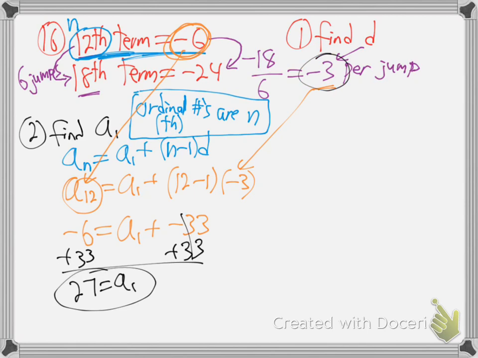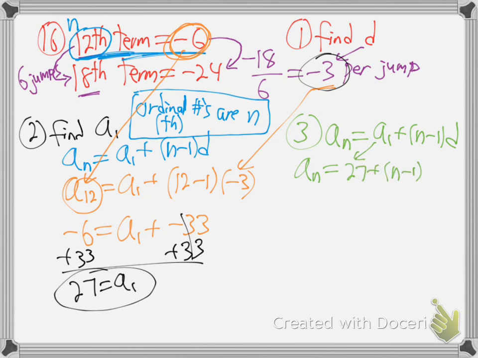Now step 3. We can write the formula again: A sub n is A1 plus n minus 1 times d. We just keep using that formula again and again, don't we? But now I know A1 and d. A1 is 27, d is, no, not 27, negative 3.